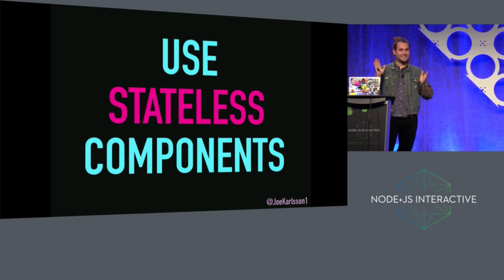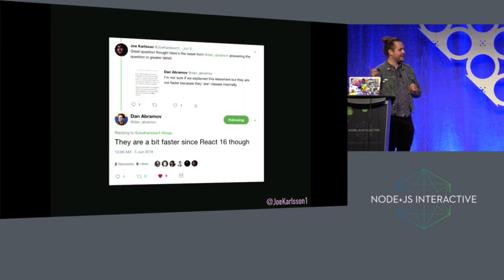Stateless components. Okay, so this one, I'm going to admit, is a little thin. I don't know why, and I've not found any documentation about this, but I was tweeting about this, and Dan Abramov let me know that they are faster. So straight from the source, we're seeing that if you use stateless React components, there is a performance boost.